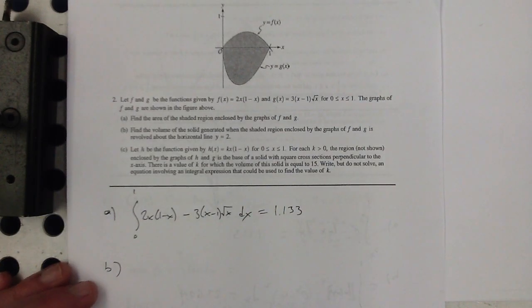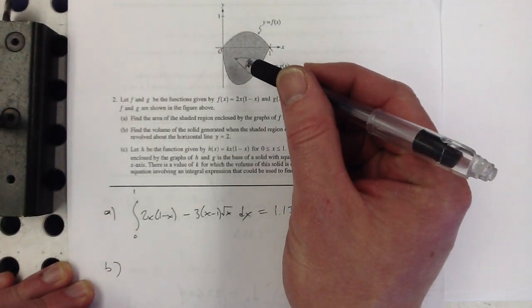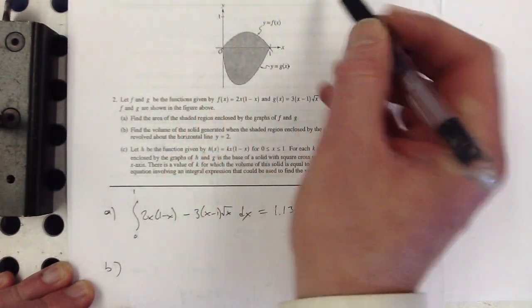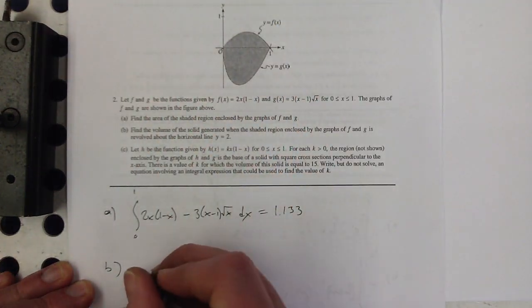In B, we want to find the volume of the solid generated when this region is revolved around the horizontal line y equals 2. Okay, that's up here. So that means the g of x function is going to be the outside one now.